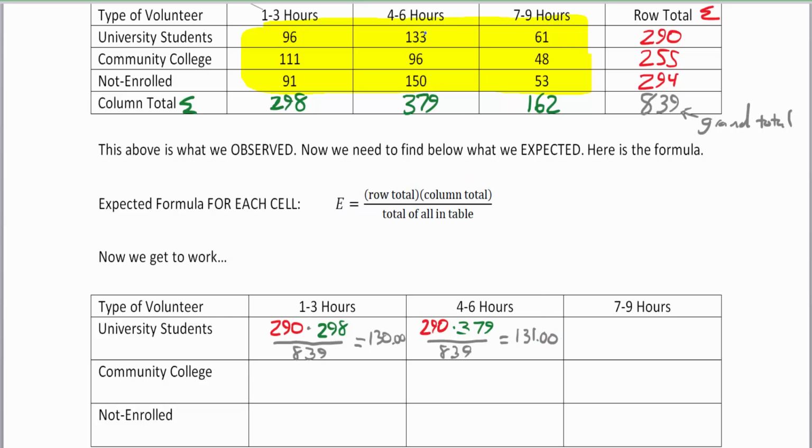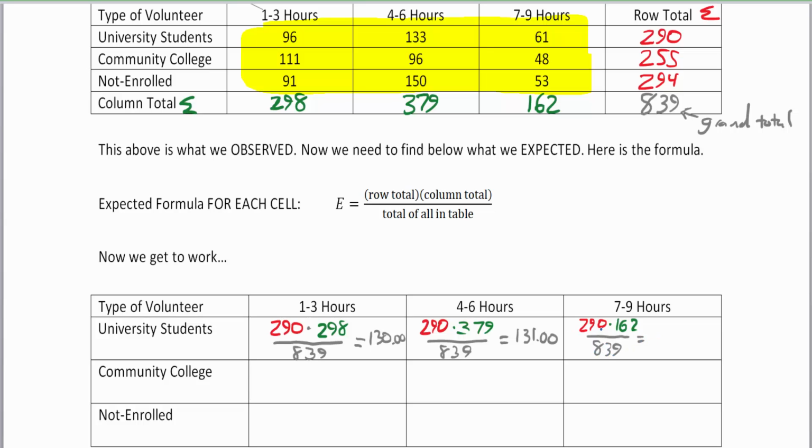So that one was pretty close. We expected 131, we got 133. So again, we're figuring out this expected column here. Okay, on to the next one. We're going to have 290, times 162, and then we're going to divide by 839.